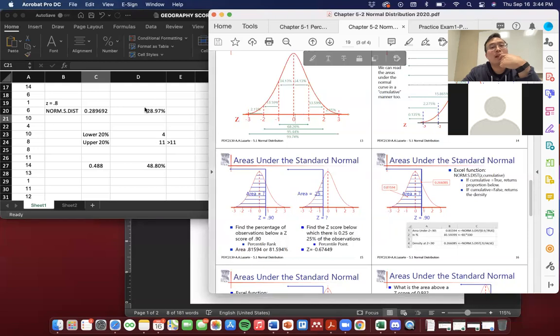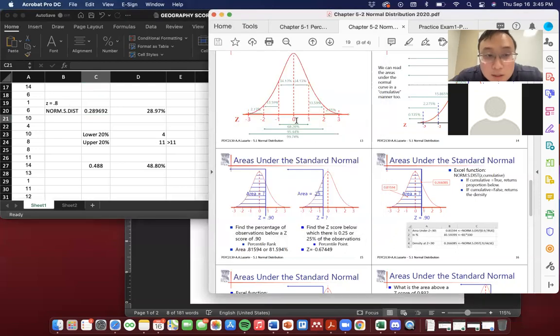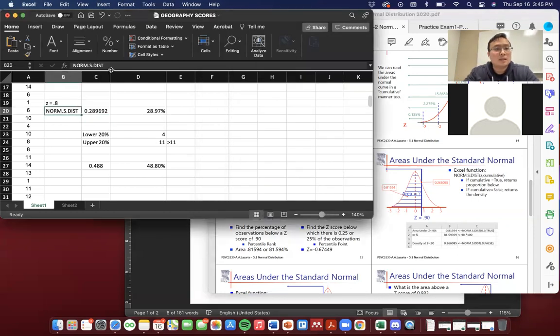So this 28.97 for a z-score of 0.8 represents 28.97% of data from 0.8 to 0. So 28.97% of the data lies between 0.8 and here. And 34.3 is from 0 to 1. Right? So that's what that does. That's interesting.